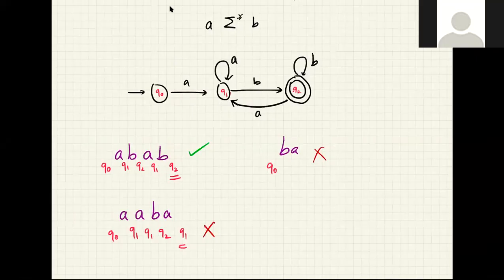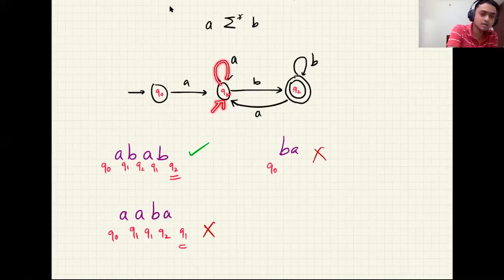Could we start from Q1 and take A over the loop? Very good question. See, what happens in that case? Suppose you start from here. Now there is no guarantee that you see an A. You can also read, say, just B.